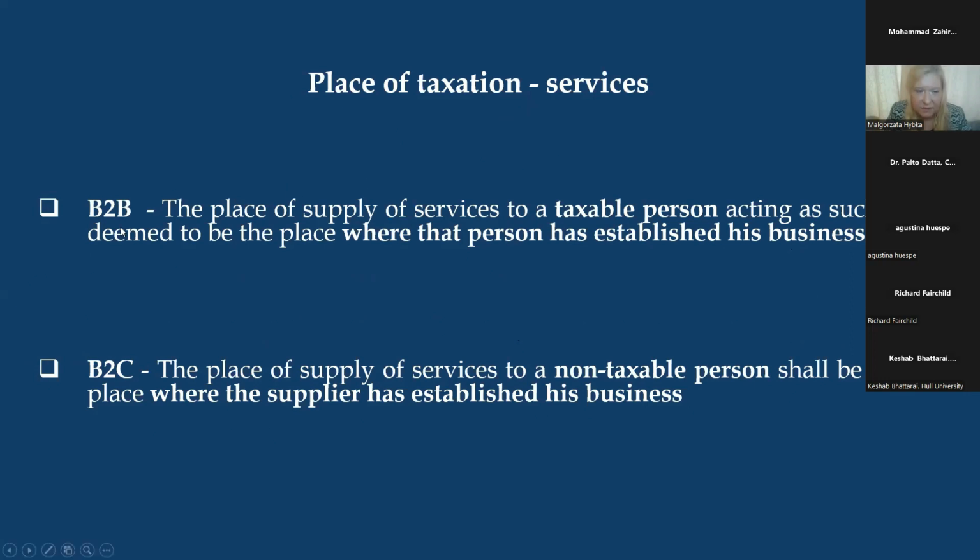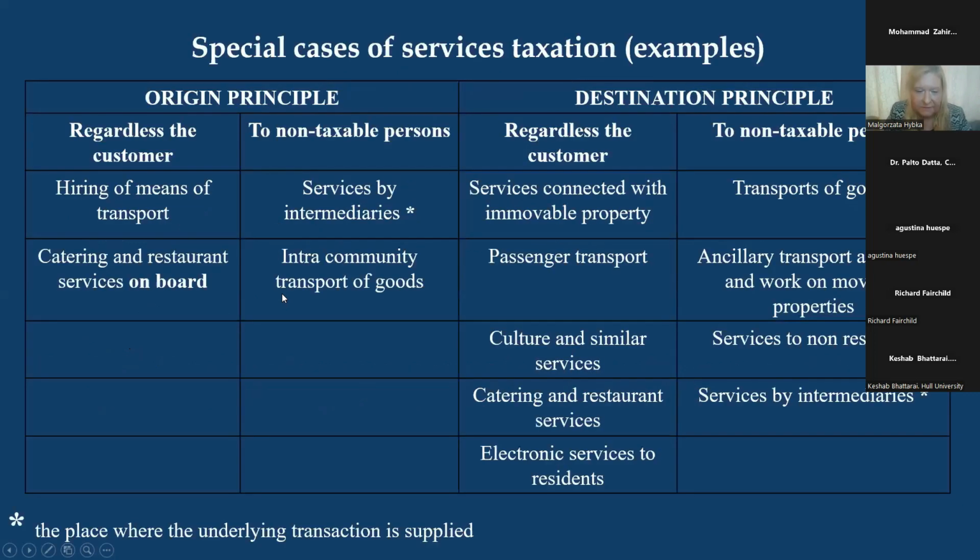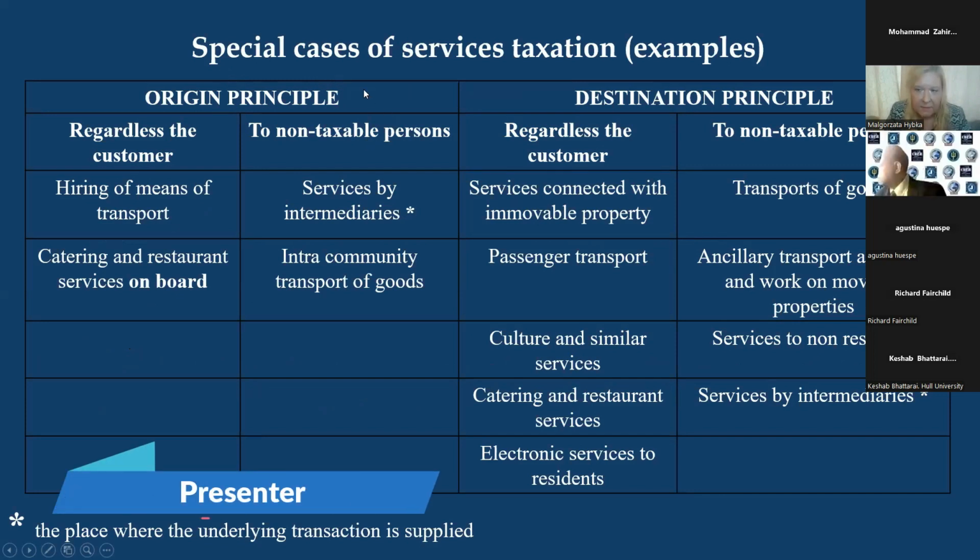When we have business-to-business supply of services, taxation takes place according to the destination principle. When there is a business-to-customer supply, taxation takes place according to the origin principle. However, different services are treated differently because there are some exceptions.